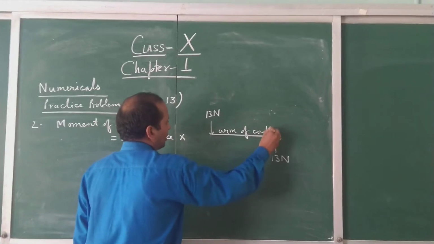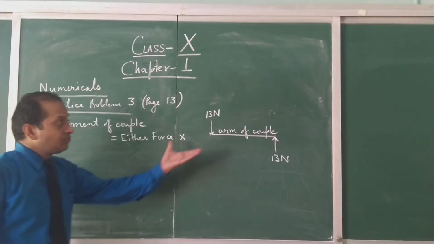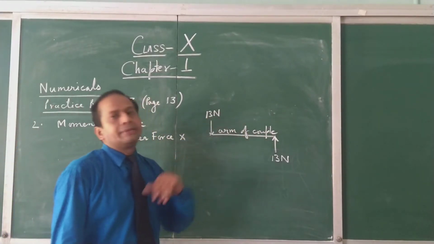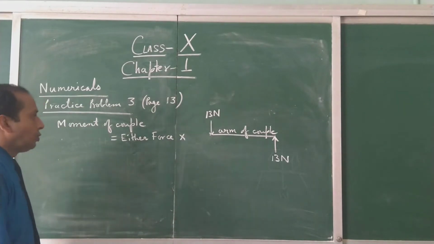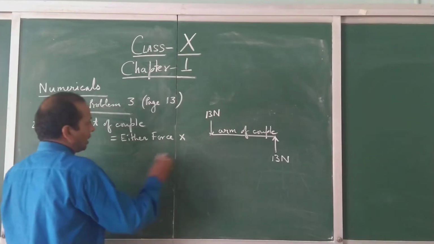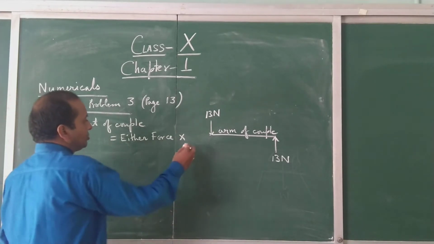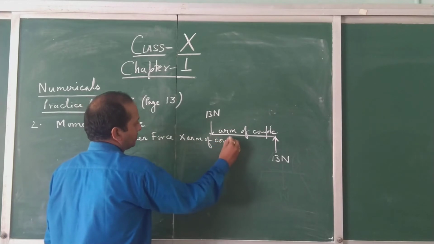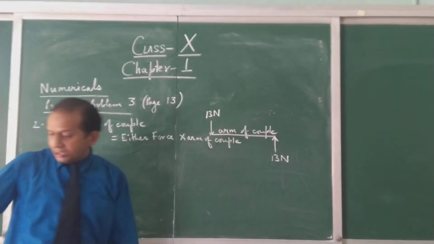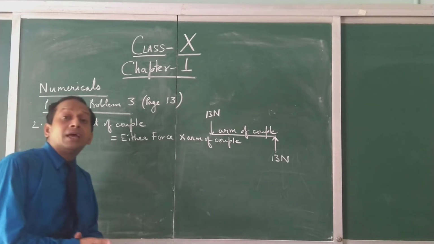Children, when I say either force, we are not going to take both of them. 13 and 13 is 26, don't take that. Only one, 13, either this or that. So, either force into arm of couple. And in this question, the length of the arm of couple has been asked.